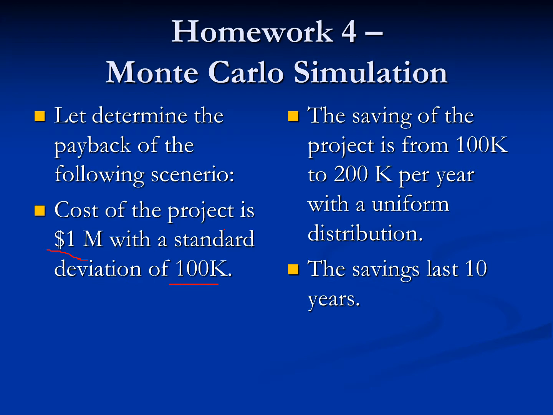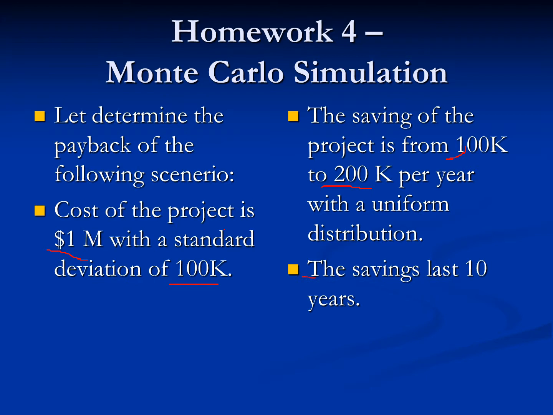The savings from this project is $100,000 to $200,000 per year with a uniform distribution. And you might not know the exact savings from a project due to variability in demand, as well as how effective the project is. So the cost of the project is obviously random due to unknown factors, and the savings may also be random.